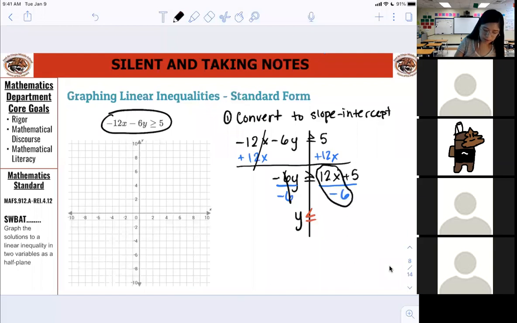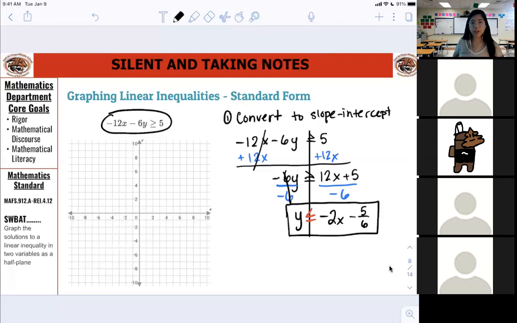It would be negative 2x. And then 5 divided by negative 6, negative 5/6. Yeah, we're going to leave it as a fraction. This one's a little weird, isn't it? We haven't really had that yet where the y-intercept is a fraction, but it does happen sometimes. So I wanted to include this problem because we're not going to be afraid of fractions in this class.